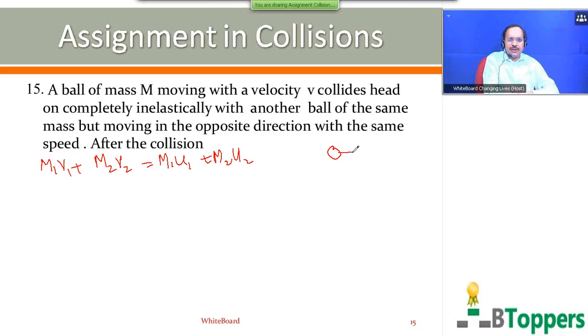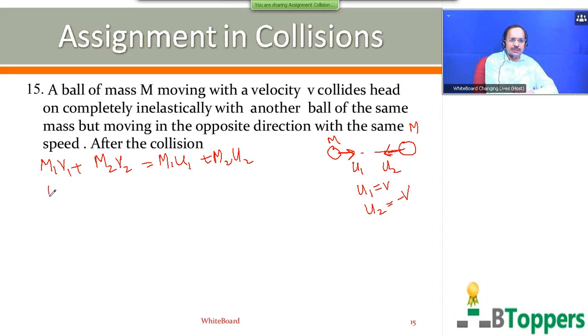Here the two balls are moving in opposite directions with the same speed, and they have the same mass m. So you can write u1 equal to v and u2 is minus v, because the velocity of the second ball before collision is opposite to that of the first ball. If you give a positive sign for the first ball before collision, you have to give a negative sign for the second ball before collision.